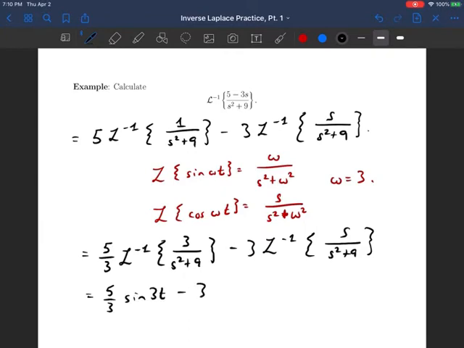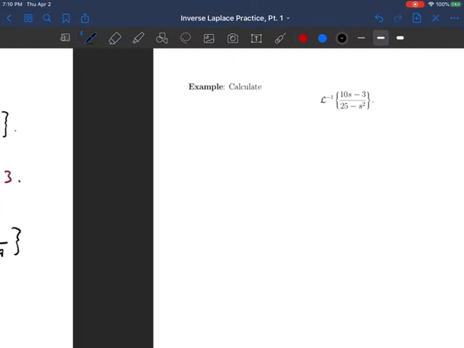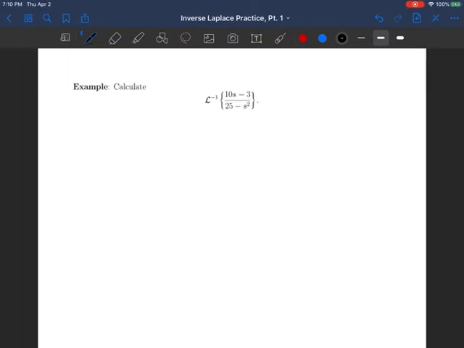This one's already in perfectly good form, so we can leave that. And so we get 5/3 sine of 3t minus 3 cosine of 3t. That's our inverse Laplace transform.